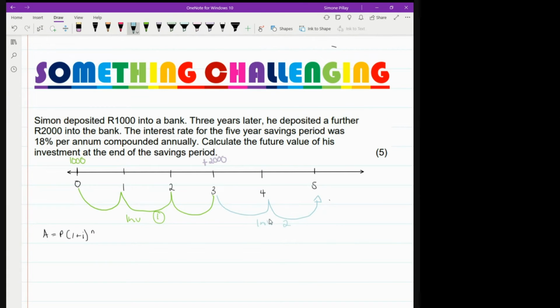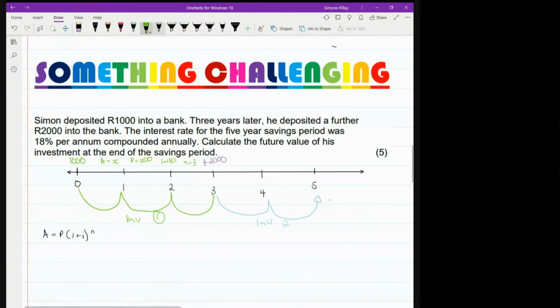Okay. Now, just to discuss what my variables are going to look like before we put them into our formula, I can see over here my A value is what I don't know, but let's call it X for now. My P value is going to be my 1,000. My i value is going to be 18%, and my n value is going to be 3.